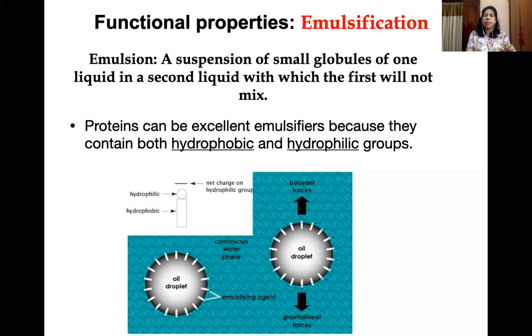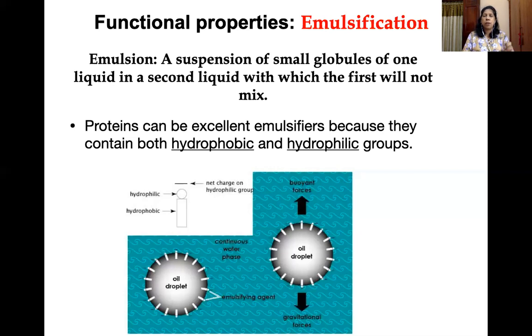If there is a negative charge in the hydrophilic area, then if water is there, or one phase is water, because H2O has plus and minus charges, the protein can very easily join with the plus charges or through hydrogen bonds. Therefore we can say it is soluble in water. We learned about solubility in the previous lecture.